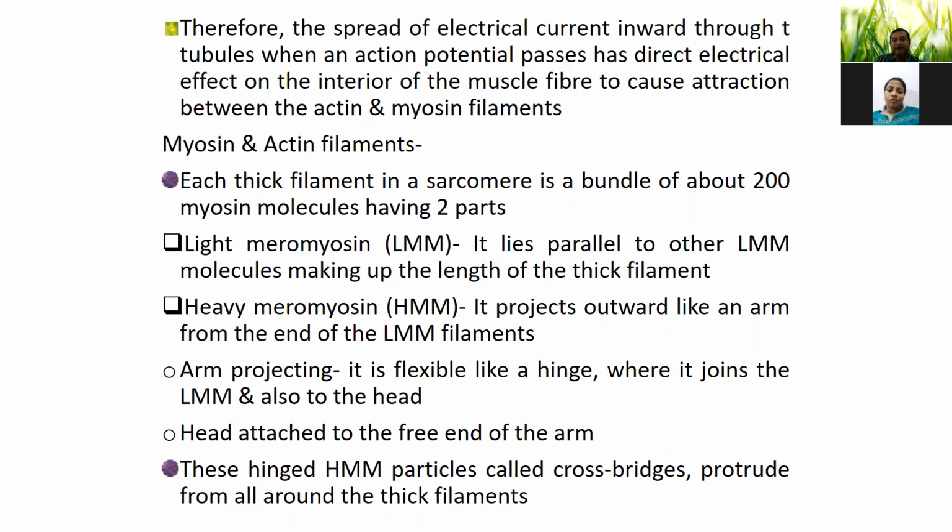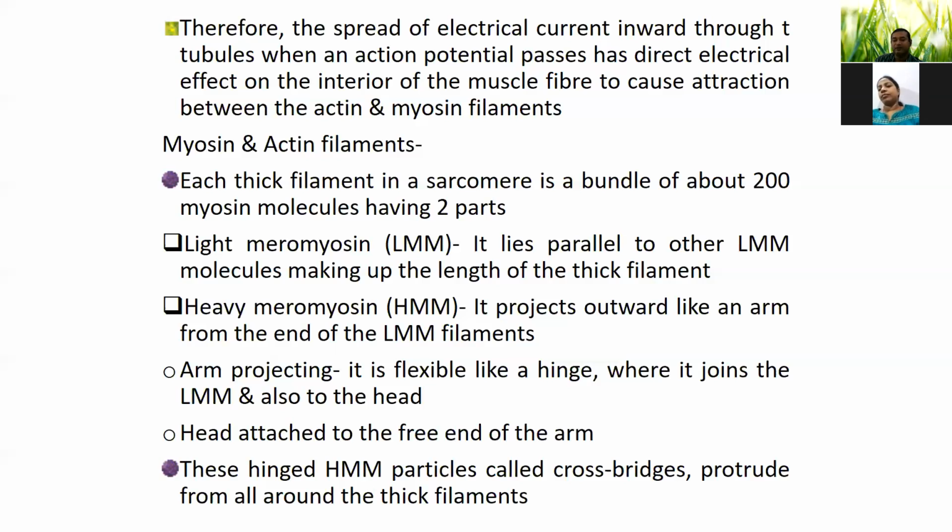This projecting arm is flexible like a hinge where it joins the light meromyosin, and also to the head of the other light meromyosin. The head is attached to the free end of the arm, and the complete hinged heavy meromyosin particles are called a cross bridge that protrudes from all around the thick filaments.